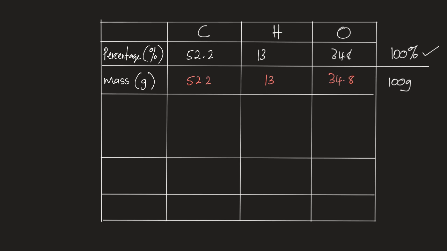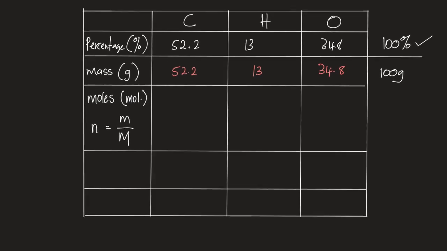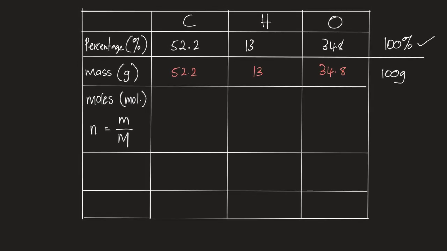Right. The next step is to find the number of moles. Okay, so you put that in brackets. And what I do here is I write my formula one time. I need to show all working out, but I don't have the time to write the formula every single time, so I put it in the heading of the table so it refers to the whole setup. All right, so for carbon, I need my mass of carbon, which is 52.2, divided by my molar mass of carbon.